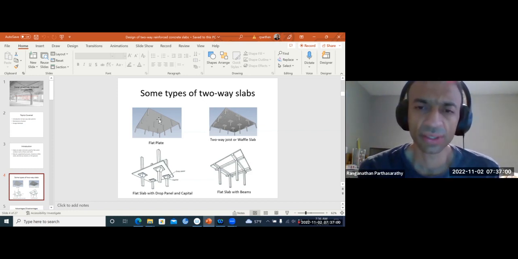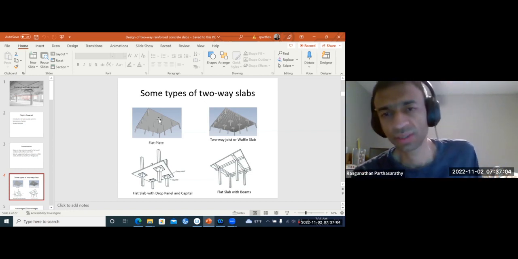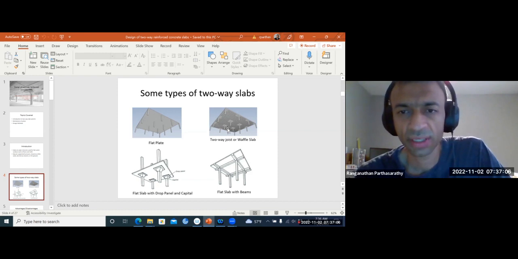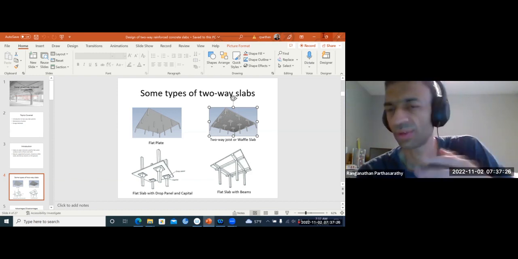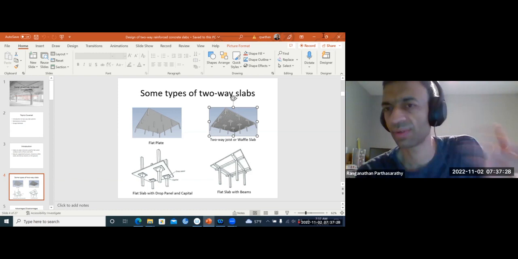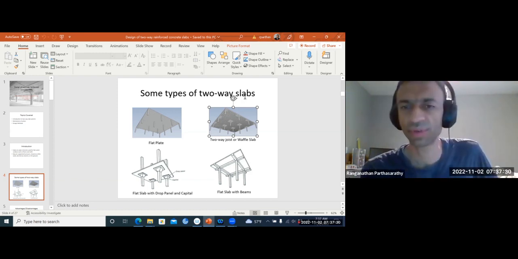Then the other type, two-way joist or waffle slab. You can call it either, you can imagine that you have joists going both ways, as you can see here, or you can imagine this like a waffle, where you have ribs going in both ways.